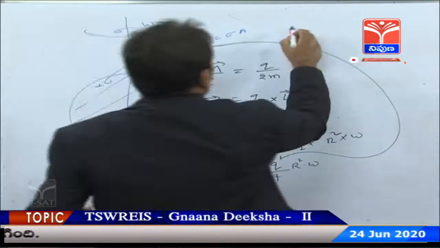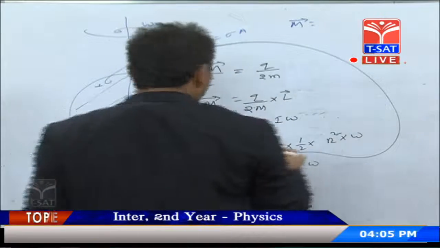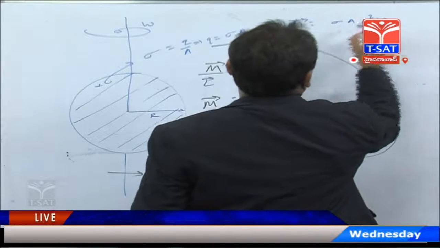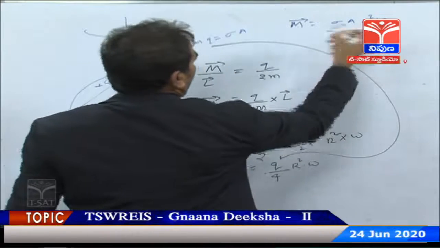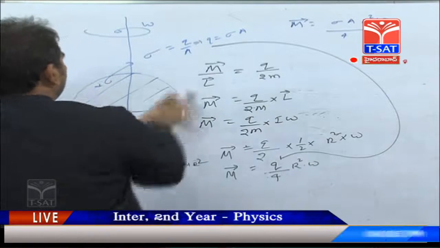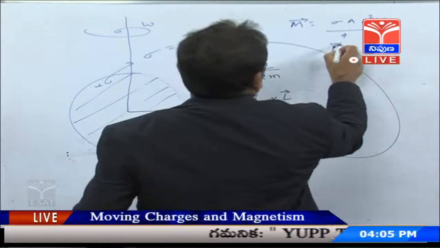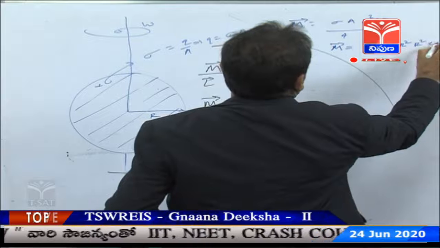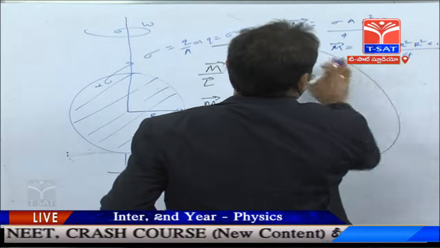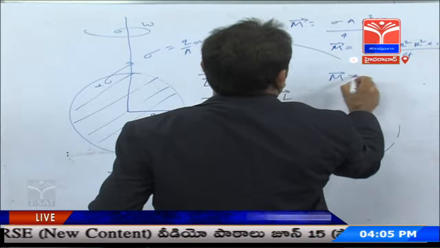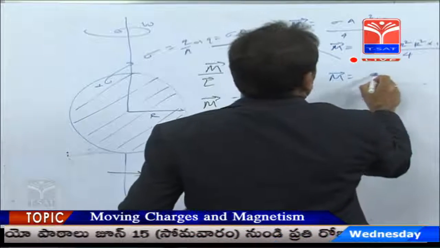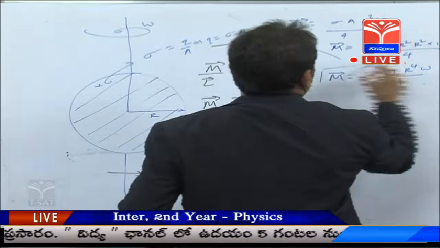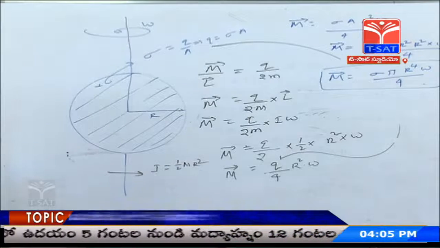Therefore, the magnetic moment is m bar equal to sigma A R square omega upon 4, where A is the area of the disc, that is sigma into pi R square, into R square omega upon 4. So the magnetic moment of the disc is m bar equal to sigma pi R to the power 4 omega upon 4. This is the final answer of this application.